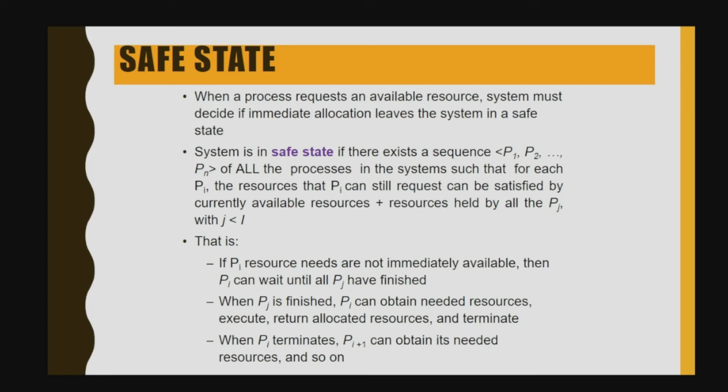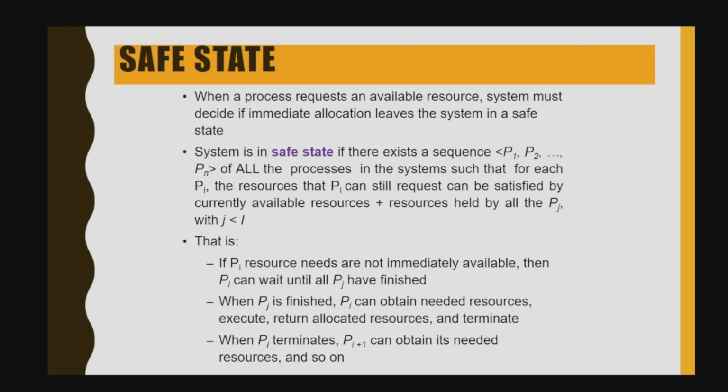When Pj is finished, Pi can obtain the needed resources, execute, return the allocated resources, and terminate. When Pi terminates, Pi plus 1 can obtain its needed resources, and so on. So in this situation, we are in the safe state.